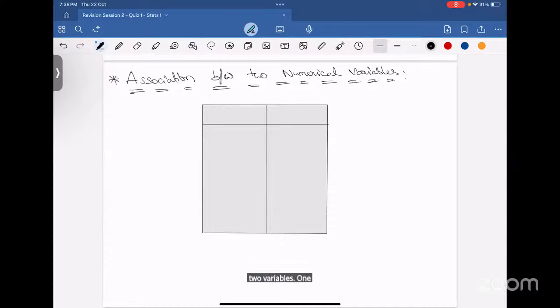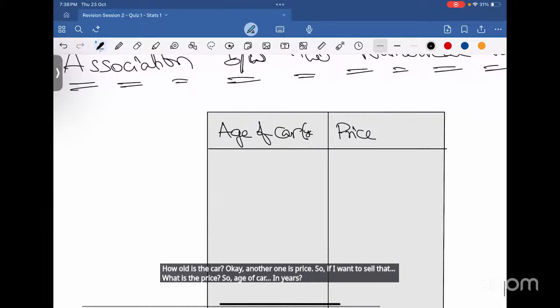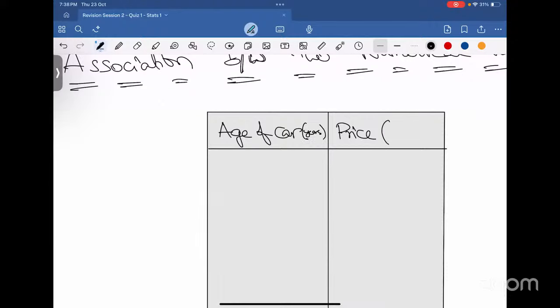One is age of car, that is, how old is the car. Another one is price, that is, if I want to sell the car, what is the price. So age of car in years and price in lakhs.